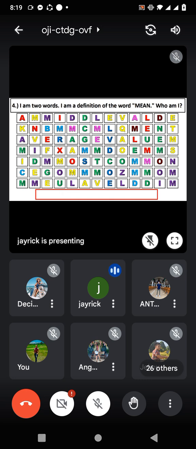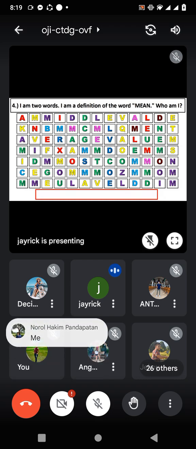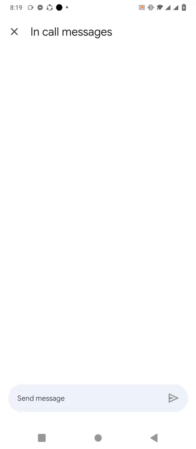I am two words. I am a definition of the word mean. Who am I? Again, I am two words. I am a definition of the word mean. Who am I? If you have paid close attention to the song, you can answer this.